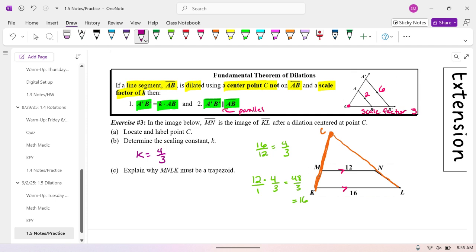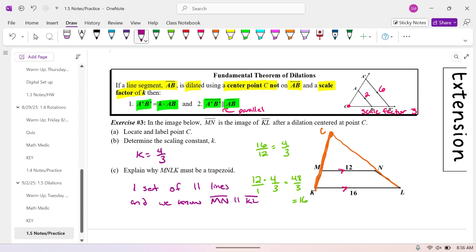Now, if we explain why MNLK must be a trapezoid, all that defines a trapezoid is it has one set of parallel lines, and we know MN is parallel to KL.